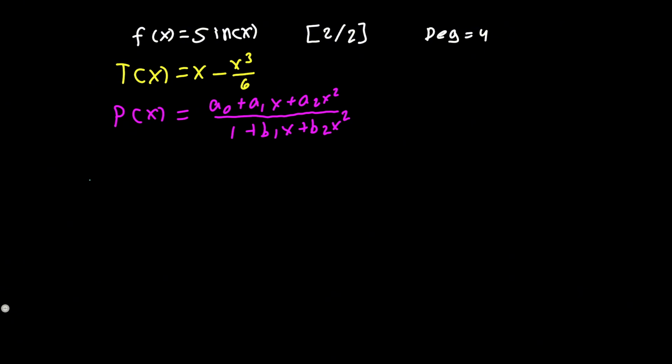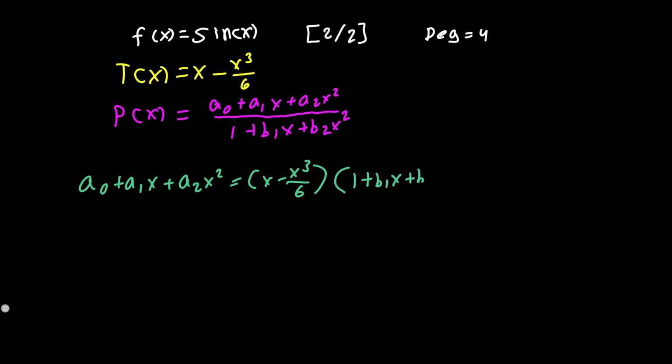So we have a0 plus a1x plus a2x squared is equal to x minus x cubed over 6 times 1 plus b1x plus b2x squared.